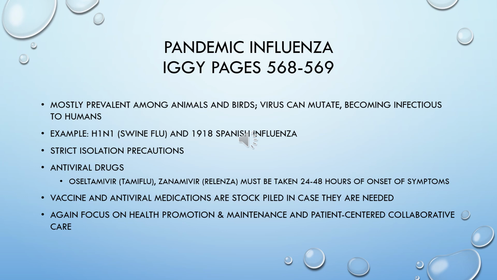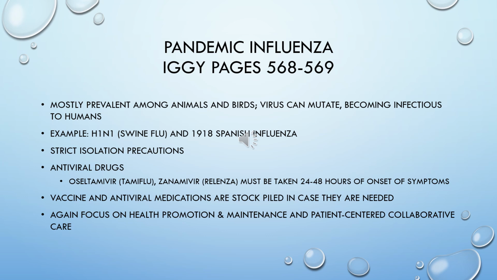We do still use the antiviral drugs that we would typically see to treat the seasonal flu, like Relenza or Tamiflu. Again, we want them to take it 24 to 48 hours from the onset of the symptoms. I know that H5N1, the avian flu, does have a vaccine. They don't routinely give it to people.